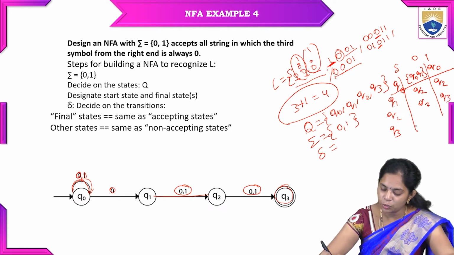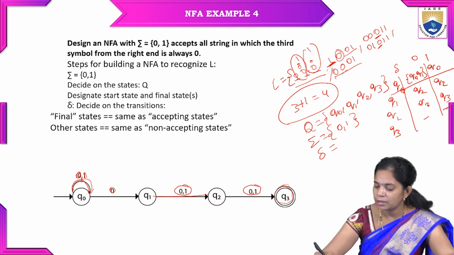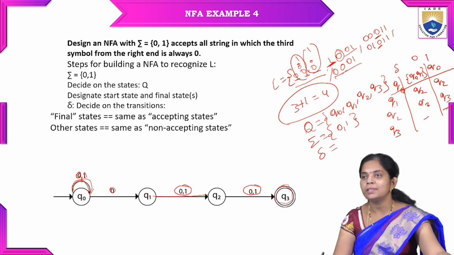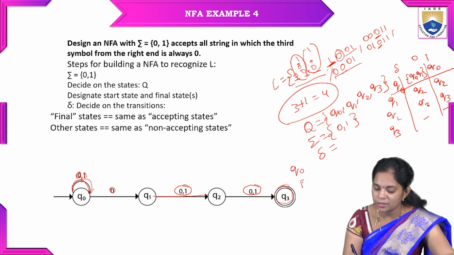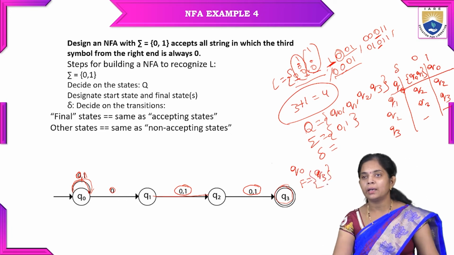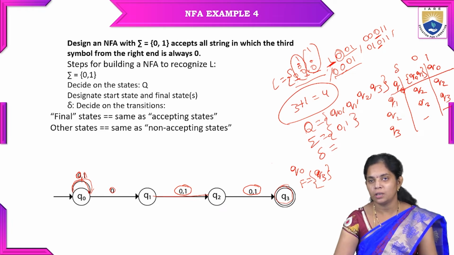And next, from Q3, it is not reaching anything. We will represent it like this. So this is the transition function. And next, the initial state is Q0 and the final state is Q3. Like this, we can represent it in the five tuple notation also.